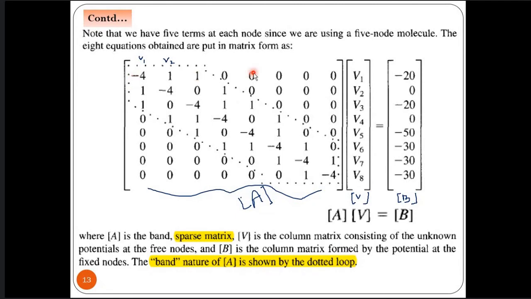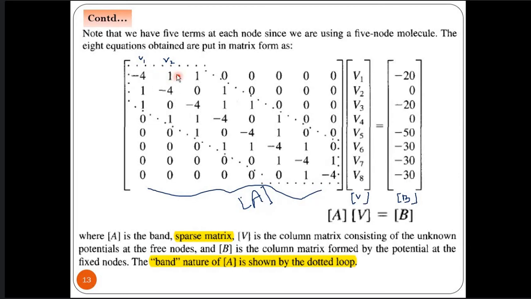Now suppose from the figure you want to write down this matrix directly. So for the first node, that is for the potential V1, A of ii will be -4.